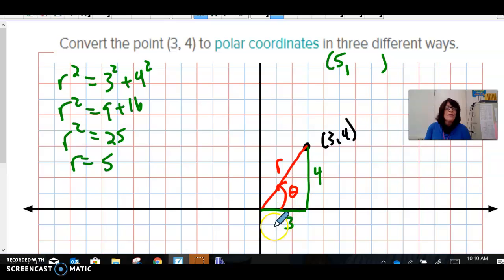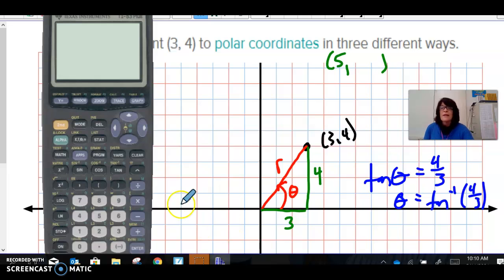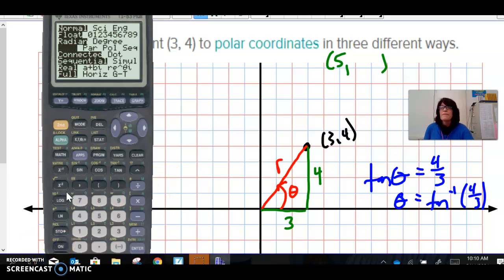I need to find this angle theta. I do know that the tangent of theta is 4/3. So I know theta is the inverse tangent of 4/3. So I will just go right ahead and do that on my calculator. Let's work in degrees right now. I don't think this is going to be pretty.